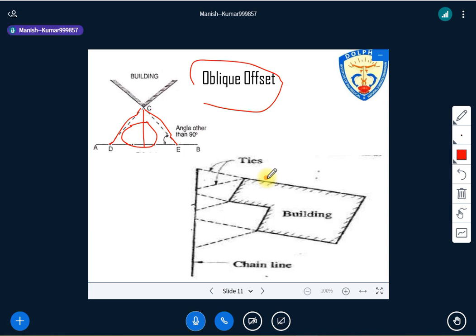What I have discussed is the basic understanding of the meaning of the term offset, then how to understand this concept of offset, and then this classification, where the perpendicular and oblique offset have been discussed. Is there any question from anyone? If you are unable to understand anything here. Okay, so everything is clear.